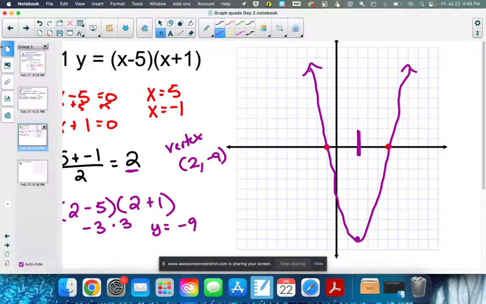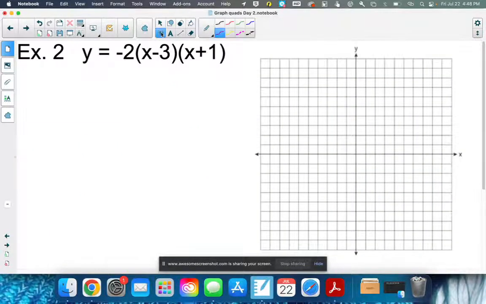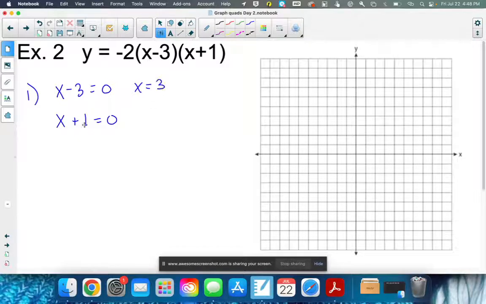All right, let's try another one. Negative 2 times x minus 3 times x plus 1. Same thing. Step 1, let's solve for our x-intercepts. If I have to add 3 here, that means it should be 3.